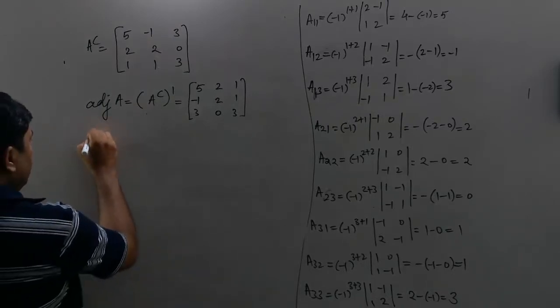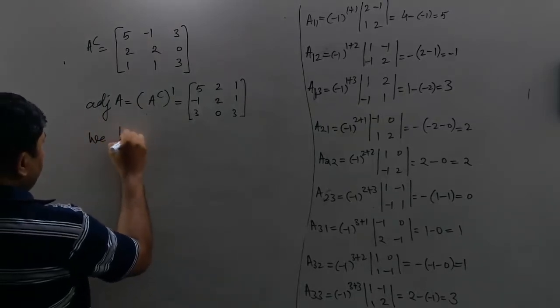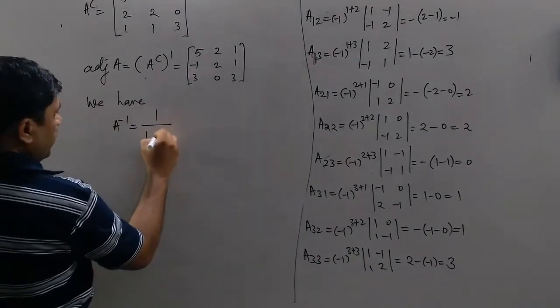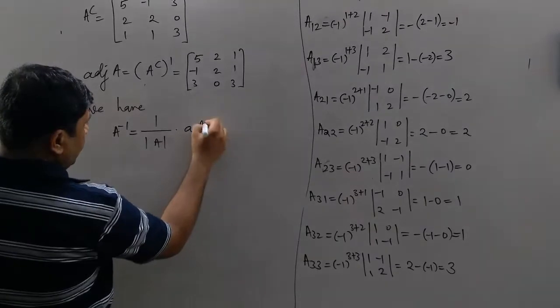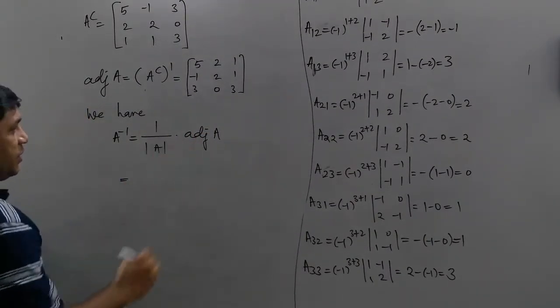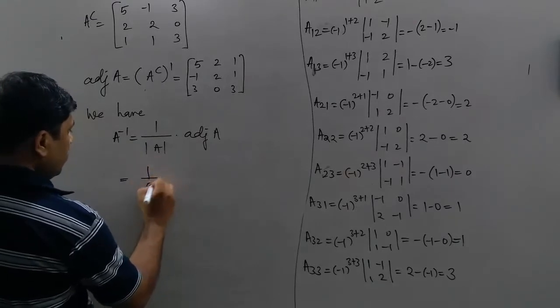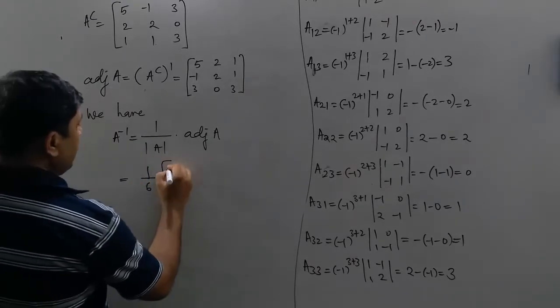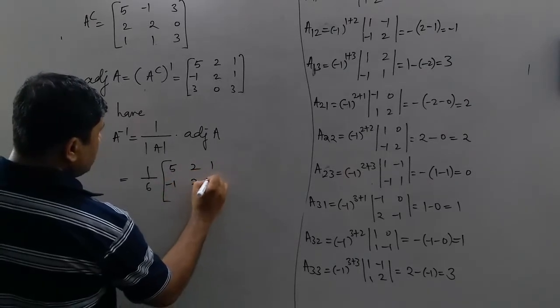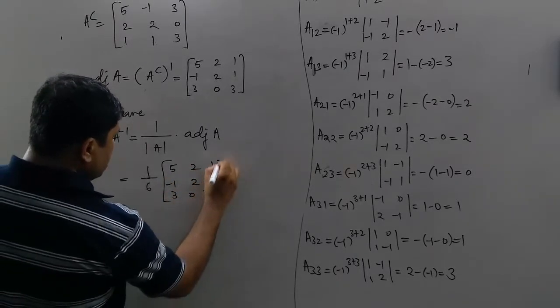Now we can define the inverse of matrix A. So we have A inverse is equal to 1 upon determinant of A into adjoint of A. We have already calculated the determinant is 6. So we will be having 1 by 6 and this adjoint matrix. So we got 5, 2, 1, -1, 2, 1 and 3, 0, 3.